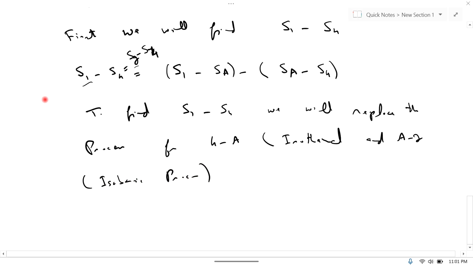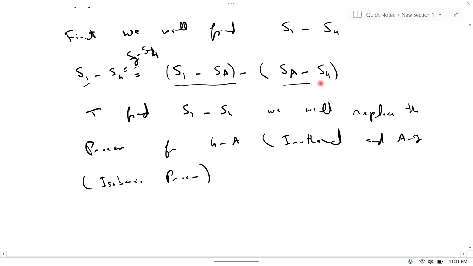So these form S1 minus SA and SA minus S4.